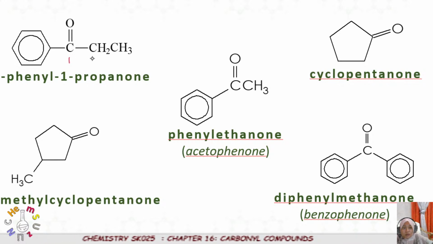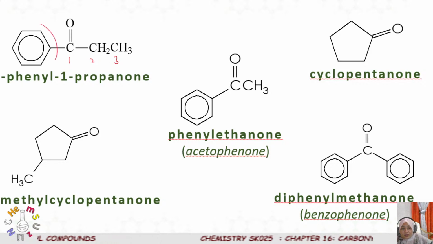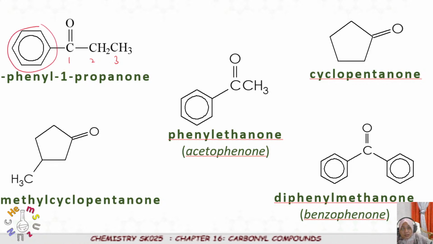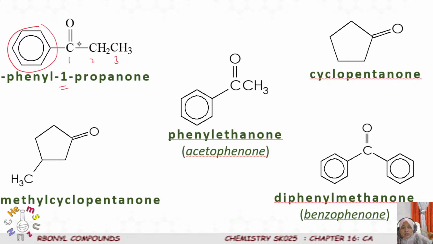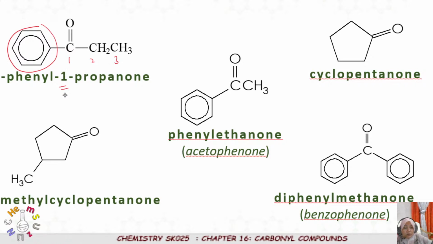This is carbon 1, carbon 2, carbon 3. The phenyl, the benzene ring here, is a substituent. So we name this 1-phenyl-1-propanone. Why do we need to put 1 here? Because we want to show that the C double bond O is at carbon number 1.